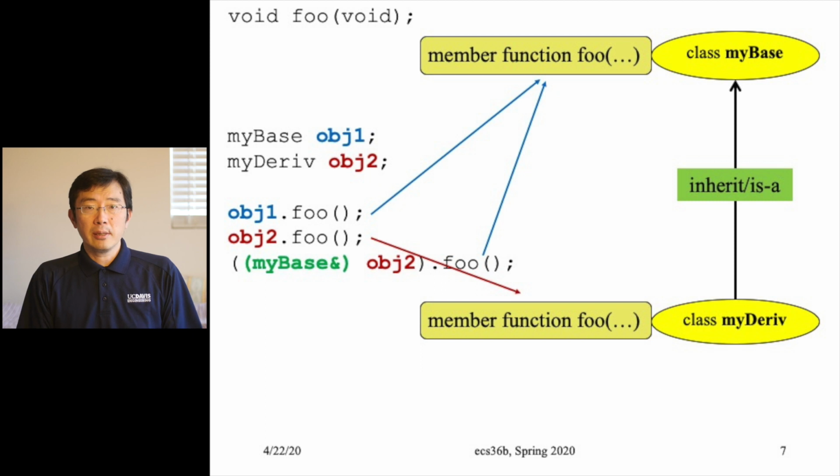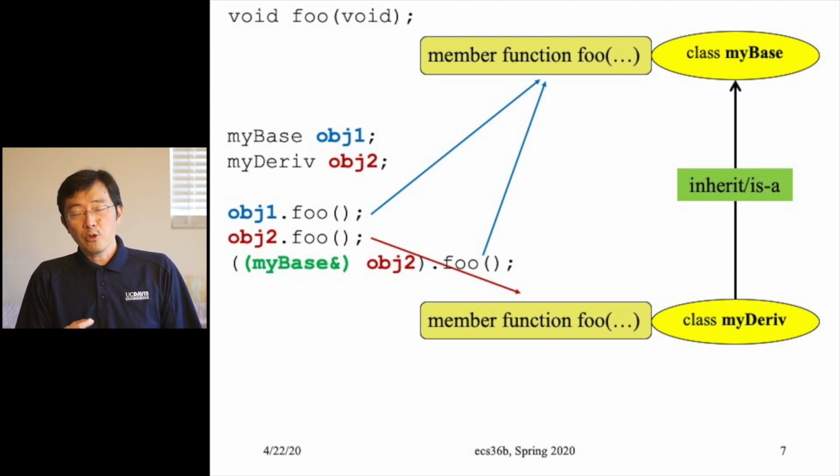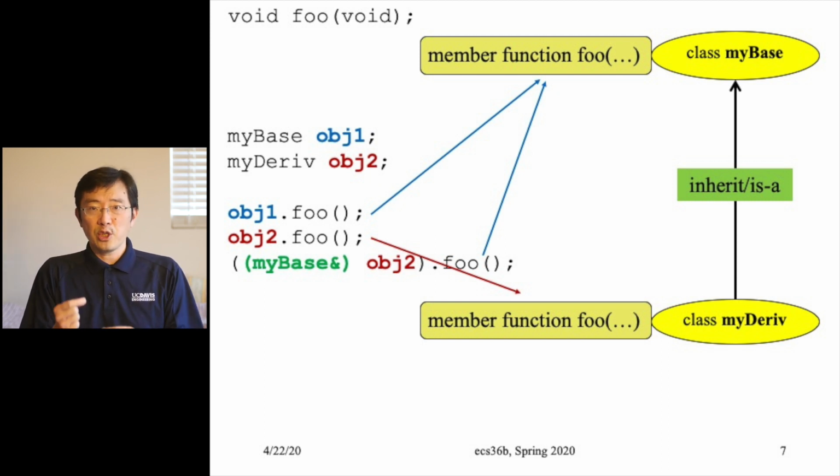It will call whatever is being referenced. So at the time when I call this function, what is the type of the object? That will be the function I need to associate with. In fact, casting allows me to control which version I would like to call.